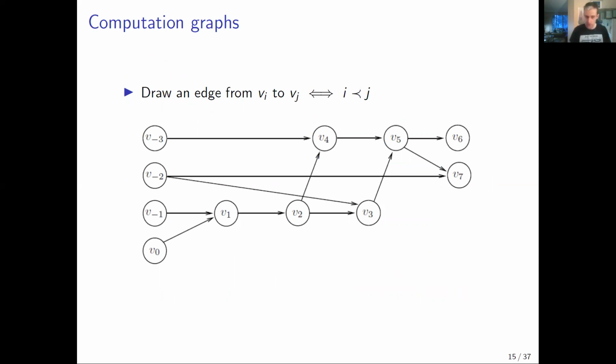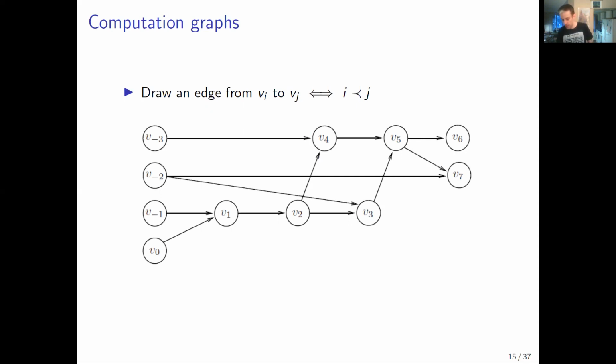In the computation graph, you draw a vertex or node for each intermediate variable, and then you connect a directed edge from intermediate variable i to intermediate variable j if i ≺ j. So the edge from i to j denotes a dependence of j on i. And this graph contains exactly the same information as you would get from the ≺ relation.